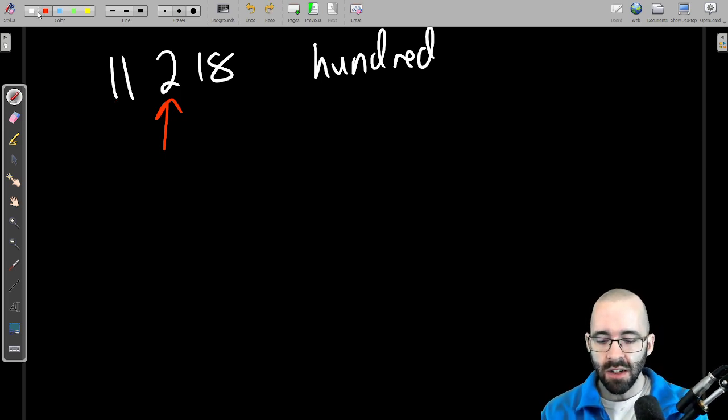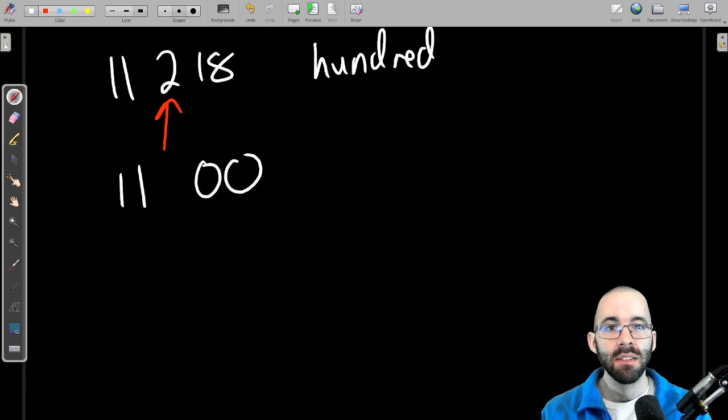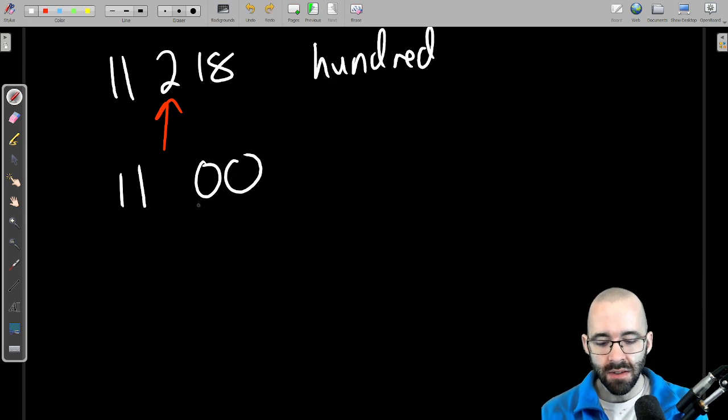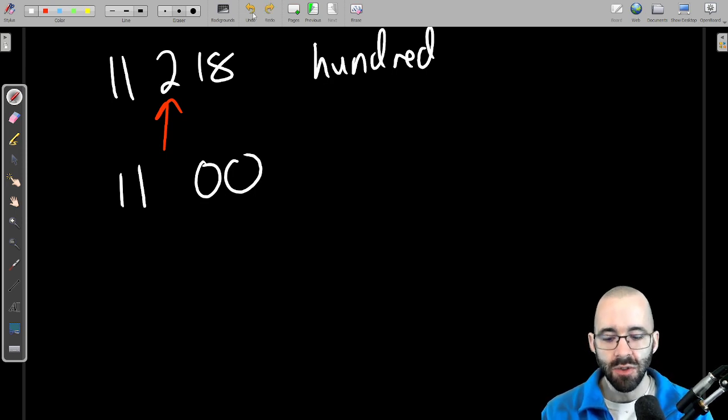So to round to the nearest 100, everything before it won't change. Everything after it is going to be zeros, because that's the whole point. We need to round to 100, so we have zeros after the hundreds place. Now the question is, do we round this down to a 2 or up to a 3?